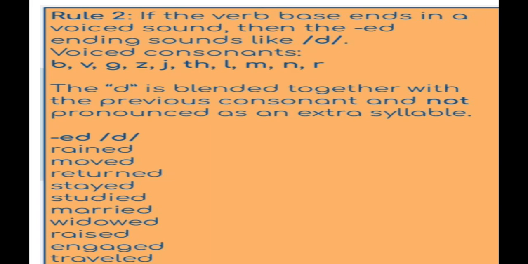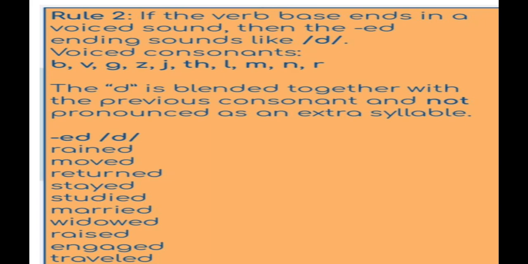Examples of verbs that, when the ed is added, are pronounced as D are reigned, moved, returned, stayed, studied, married, widowed, raised, engaged, traveled.